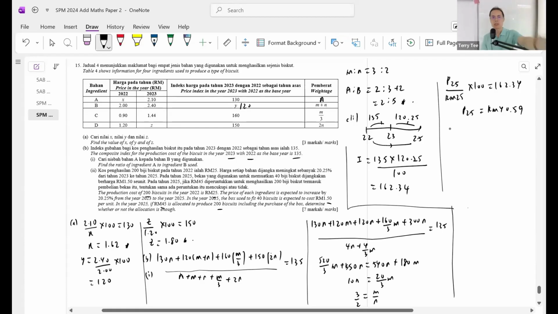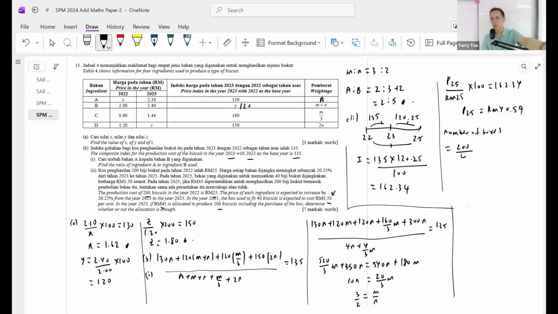How about the box? They say one box costs 1.50. How many boxes do you need? You make 200 biscuits, so 200 divided by 40 per box, you need 5 boxes. I just do one total cost.